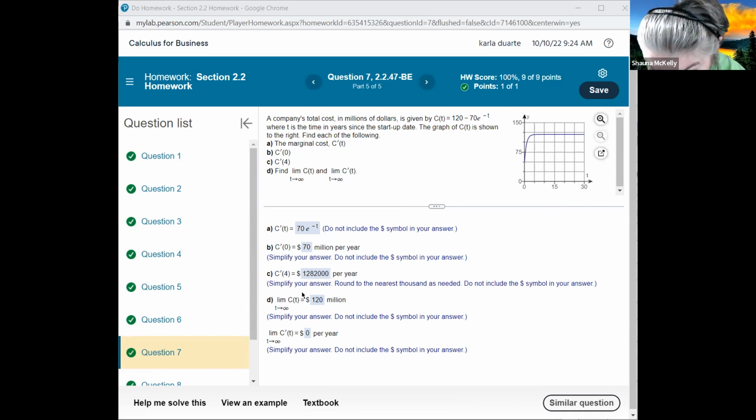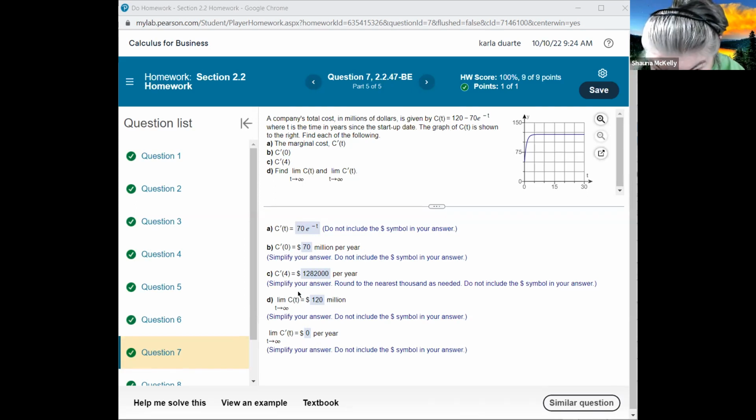Now, the next two questions have to do with the limits of the original function and the derivative respectively. So the original function is graphed for you. We also have the equation given on top.